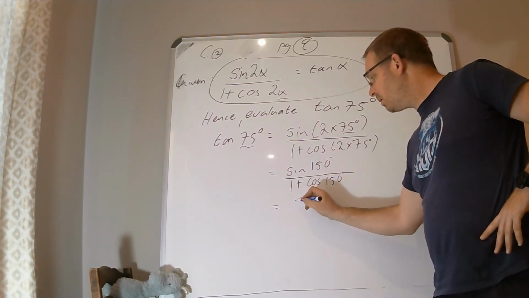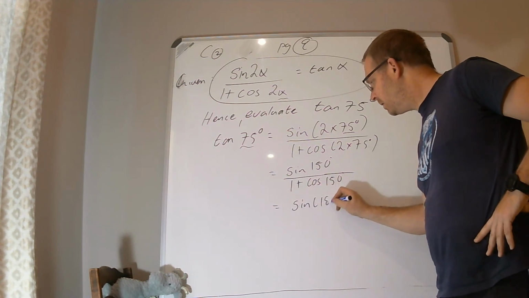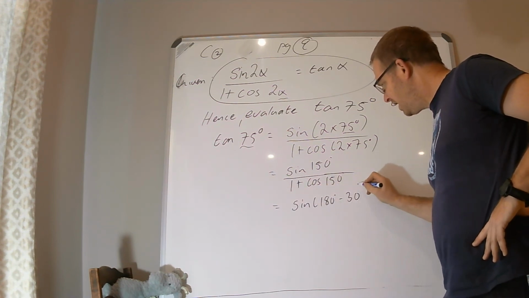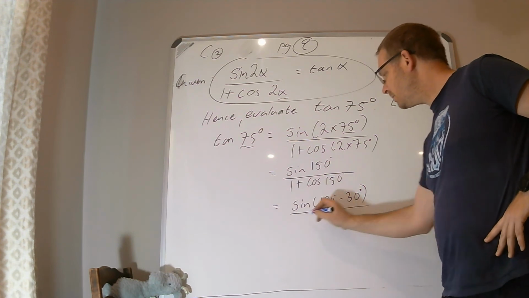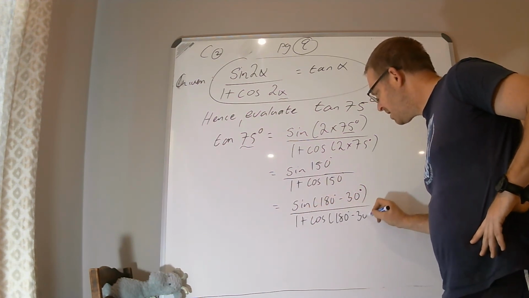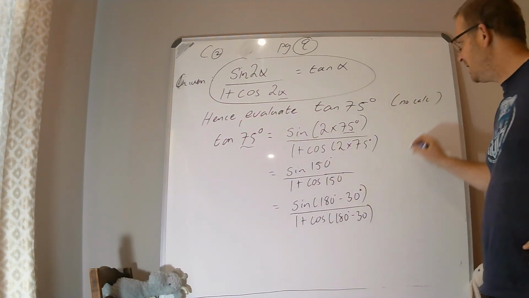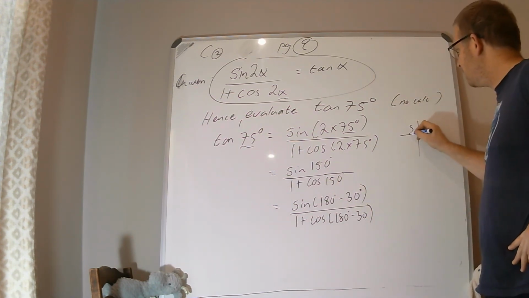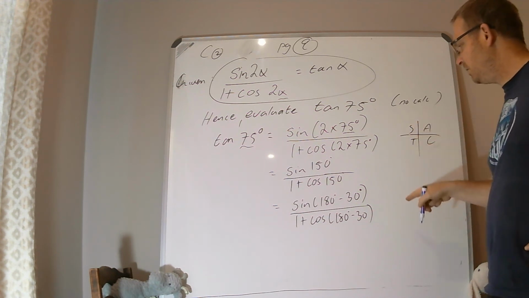Yes, I know you're going to use reduction formula and special angles. And so we get that. Sine 180 minus 30, which quadrant are you in? For 180 minus, all students talk crap.